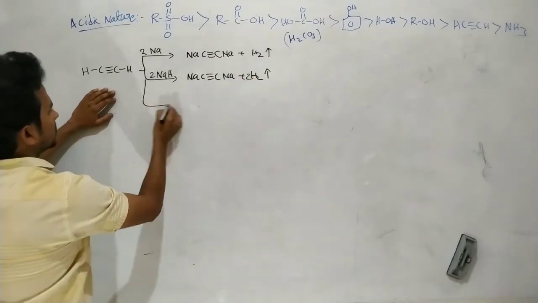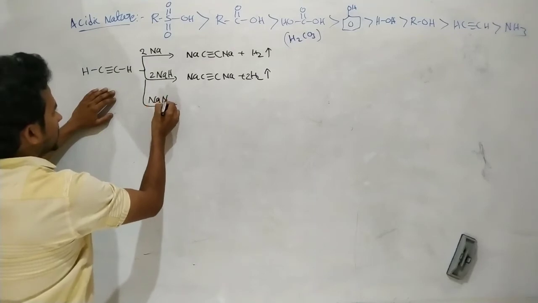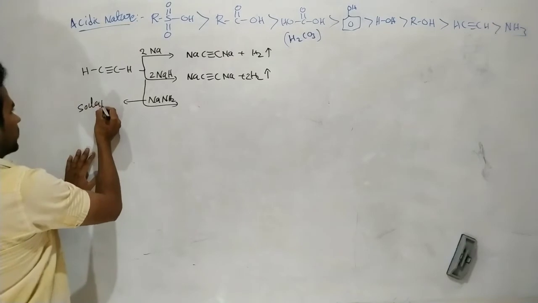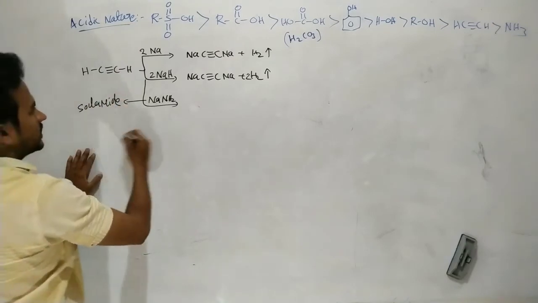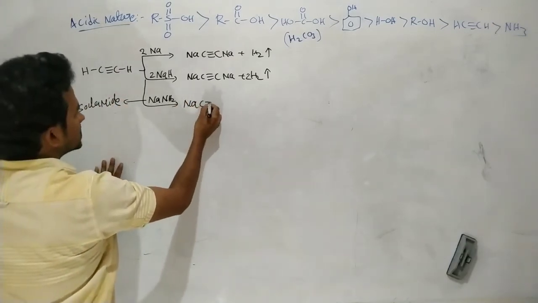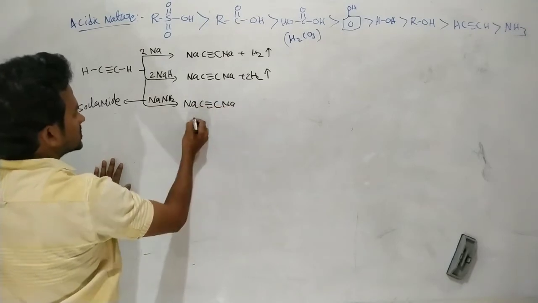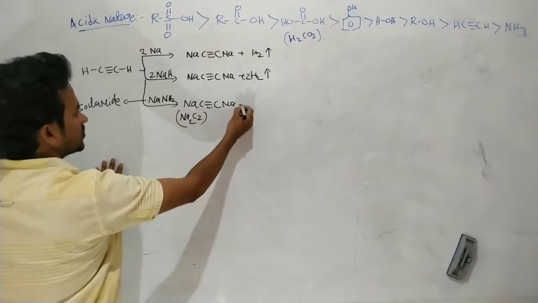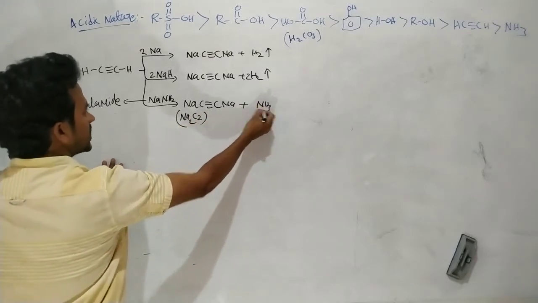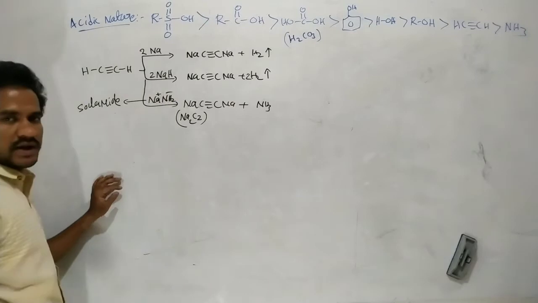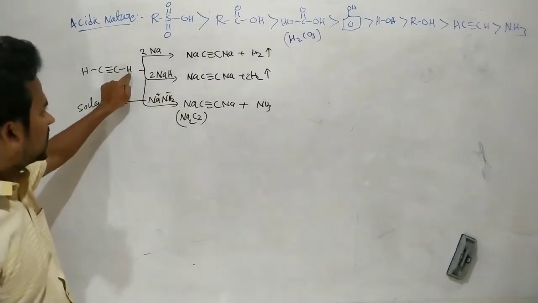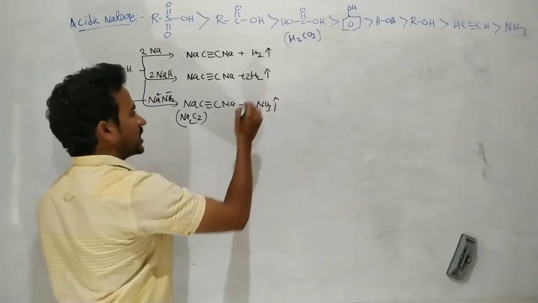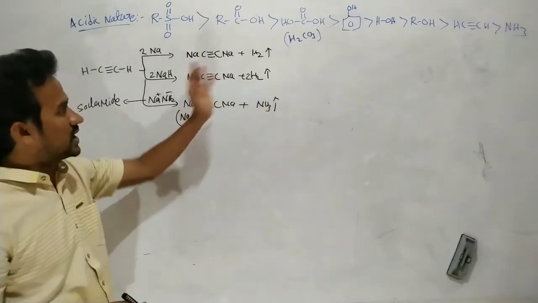Now on reaction with sodium amide, NaNH2, also known as sodamide, the product is NaC triple bond CNa, simply Na2C2, plus NH2 minus, which removes the H plus and becomes NH3. So it produces ammonia gas.